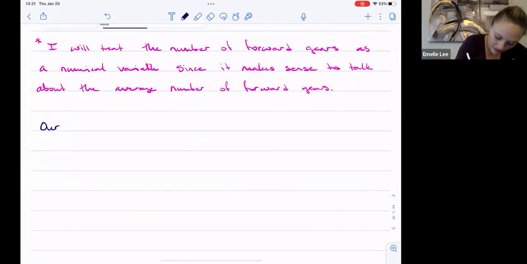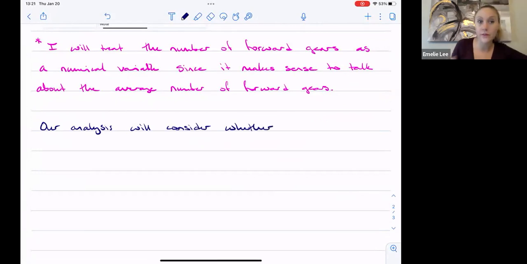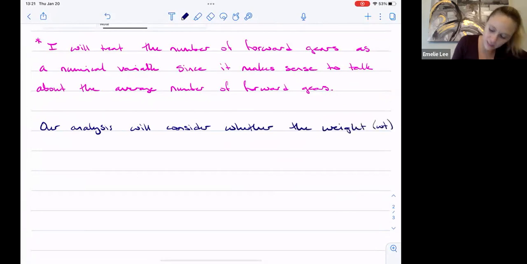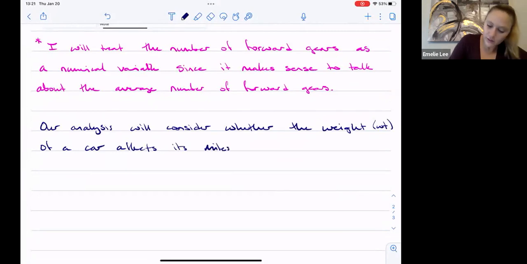So our analysis will consider whether the weight, which is the WT, of a car affects its miles per gallon, or its fuel consumption, let's call it.